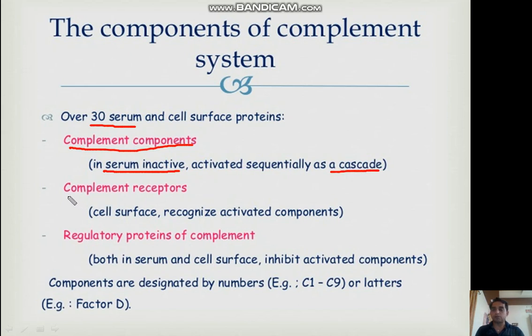The complement system also involves complement receptors on the cell surface, which recognize activated components. It also includes various regulatory proteins, which regulate the activation and inactivation of different complements in the system.